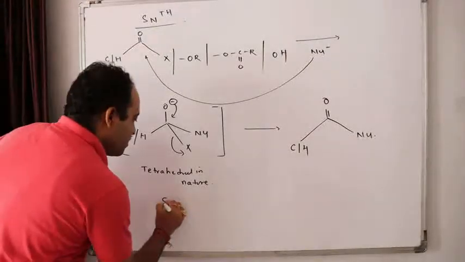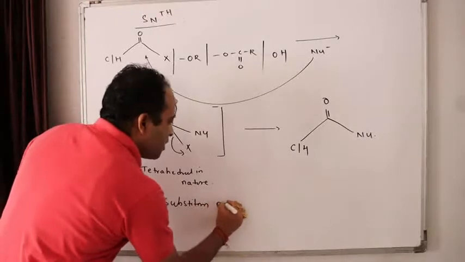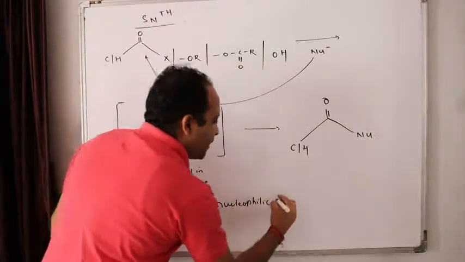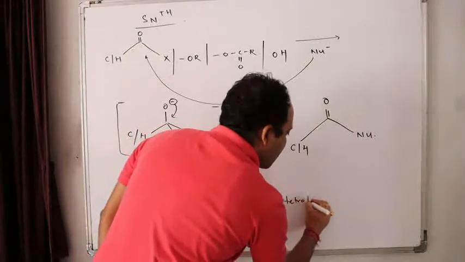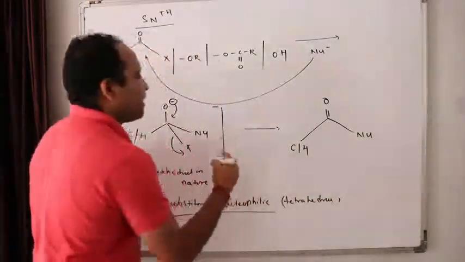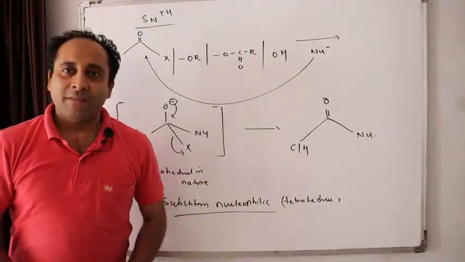Therefore we call it substitution nucleophilic tetrahedral. Why? The reaction proceeds through a tetrahedral.